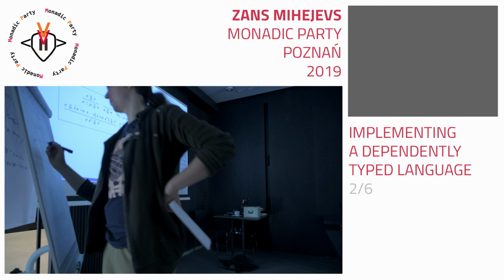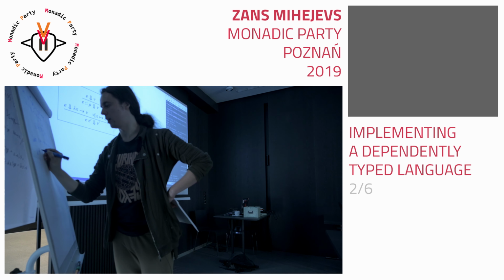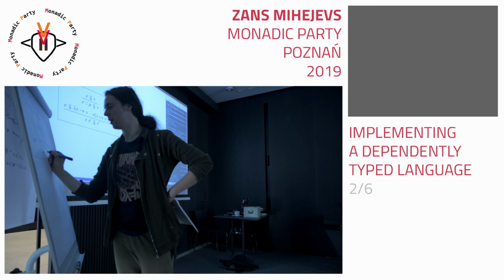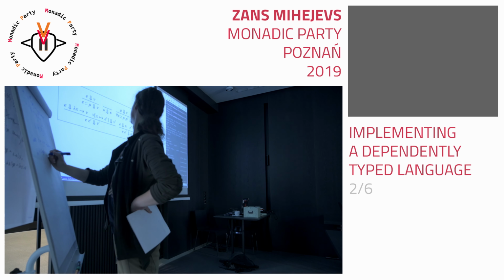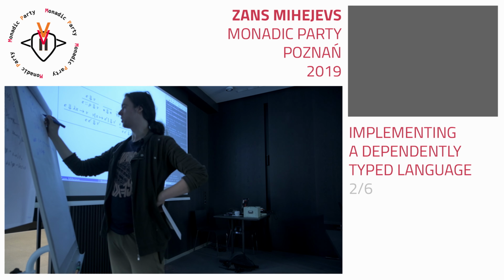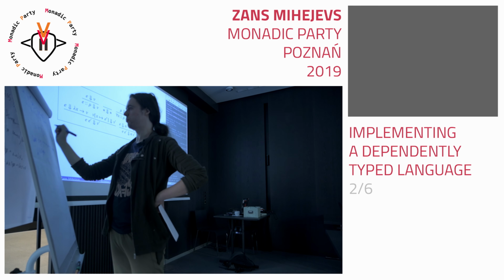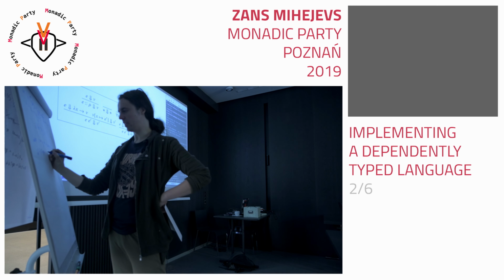Okay, so this would be ID of type for all x of type. It would be, let's see, rho to rho. Rho would be the expression, and then rho dash would be the output, I think.